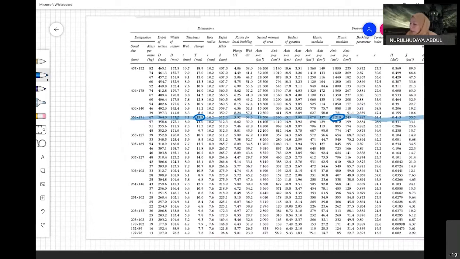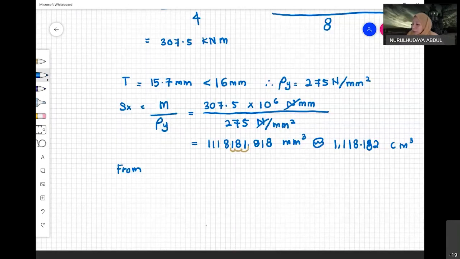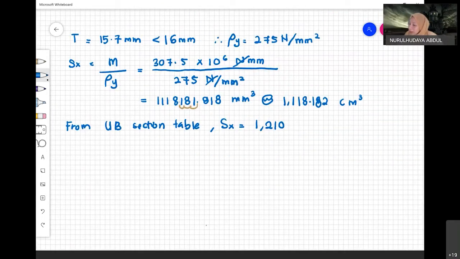Okay, here it is 1210, the SX given for our size from the UB section table. SX is in centimeter cube.